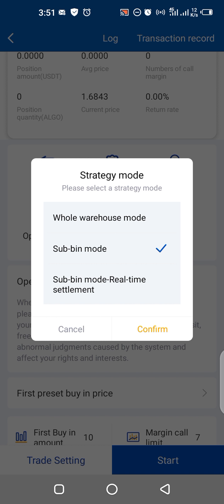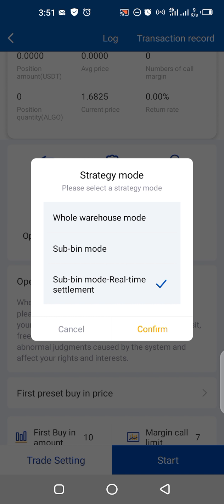It will keep it until the cycle is done. Now sub-mid mode real settlement means the bot will sell, and it will immediately deposit your profits into your revenue.